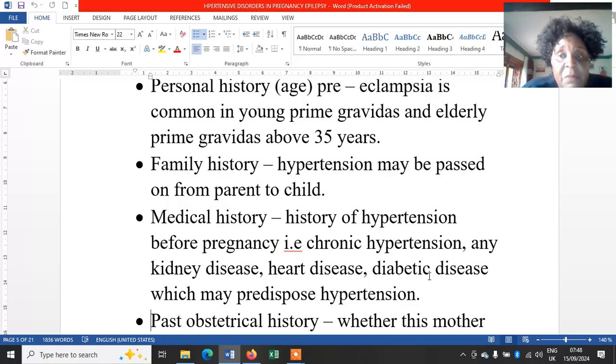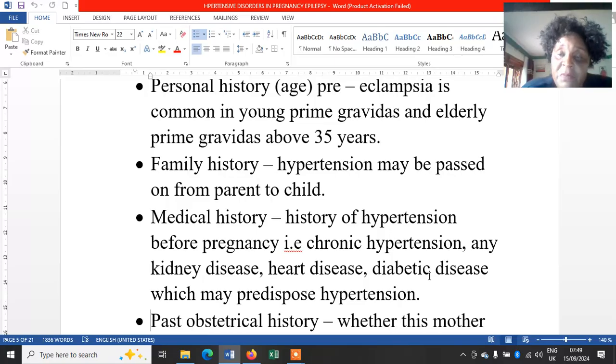Then we also take the medical history, asking this mother whether she has had any of the chronic medical conditions, among which hypertension can be very key. So this mother may give us a positive history of being hypertensive even before pregnancy.